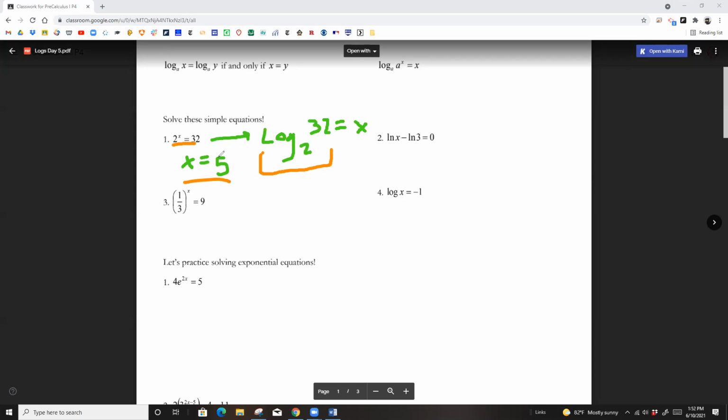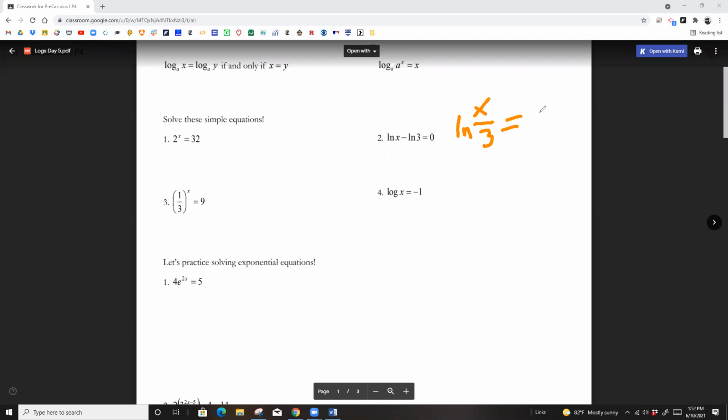If you didn't know that, then you could just type this into your calculator and you would get 5 for x. Now, if you ever have an equation with multiple log expressions on the same side of the equation, what you could do is condense it using the properties of logs. So the natural log of x minus the natural log of 3 would simplify to the natural log of x over 3. Remember that natural log just means that the base is e.